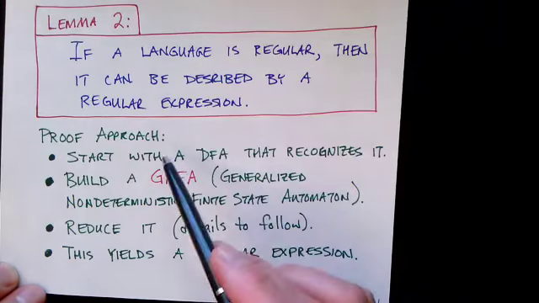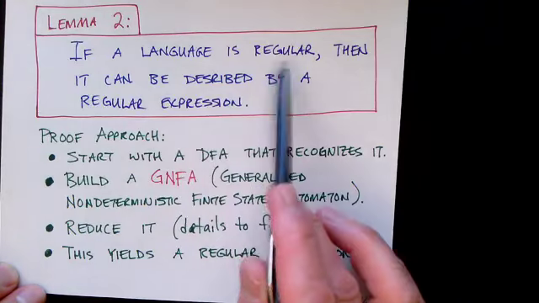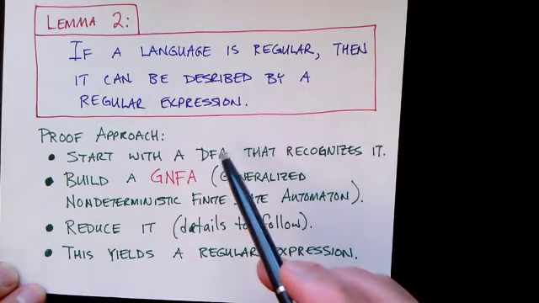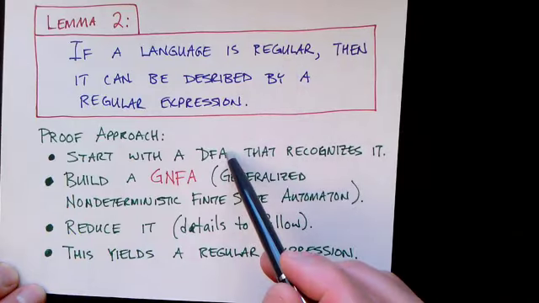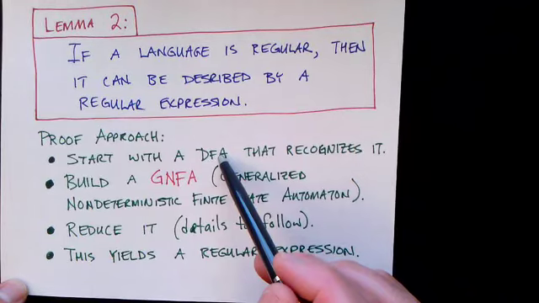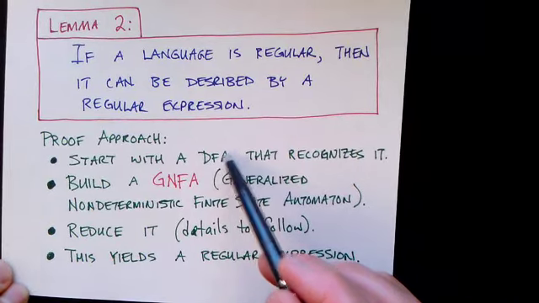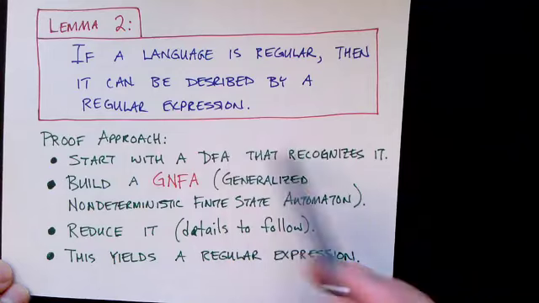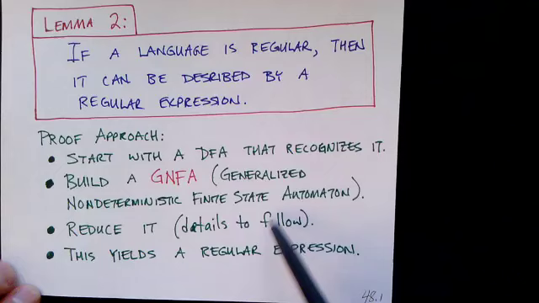Basically our proof approach is, if you've got a language that's regular, then you know that there is some finite state machine that recognizes it, and in particular we know there must be a deterministic finite state machine that recognizes it. So we can start with a deterministic finite state automaton that describes the regular language. And then we show how to turn that into a regular expression.